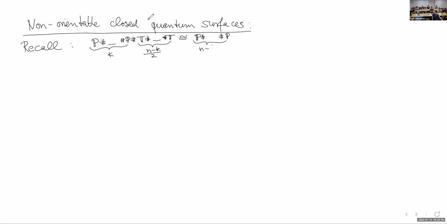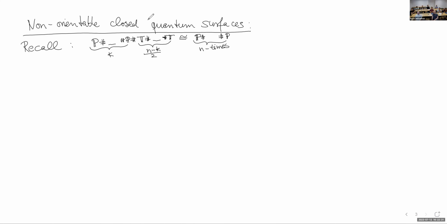How do you know N minus K is even? Well, I start here and then I know this is even. If I have this number K, and then I add and add and add. I start with a connected sum, then each torus gives me two circles.